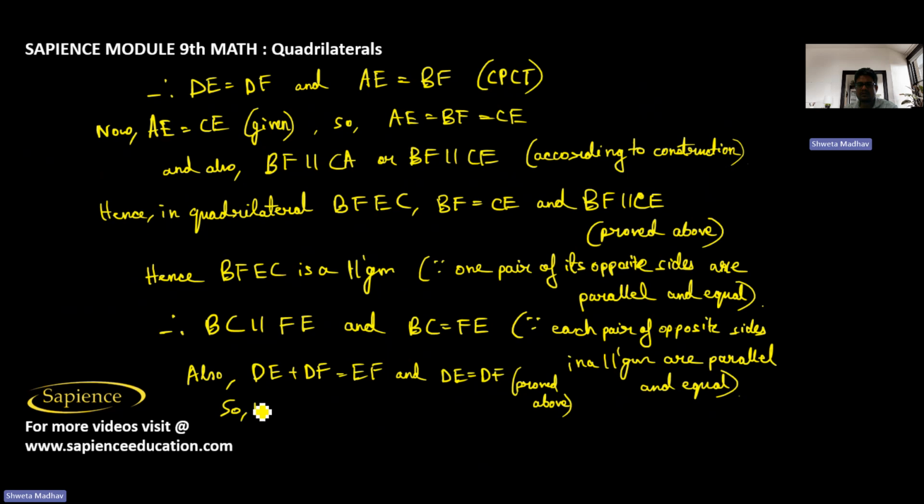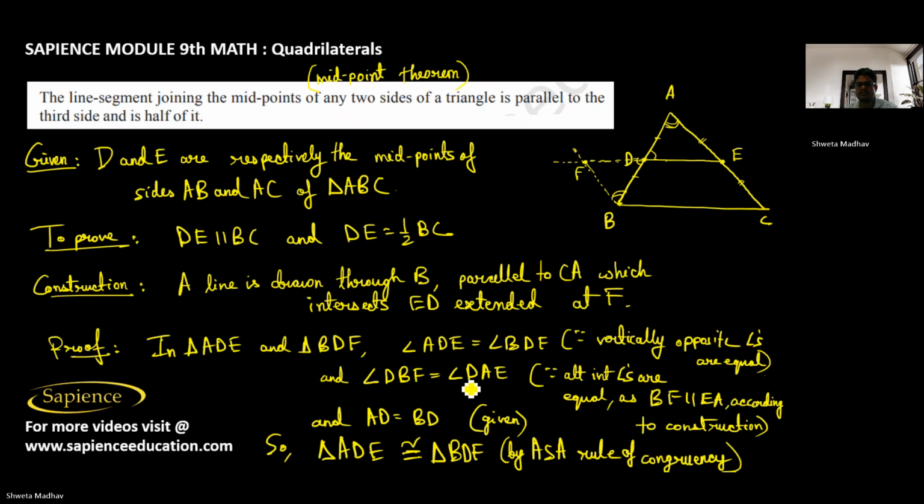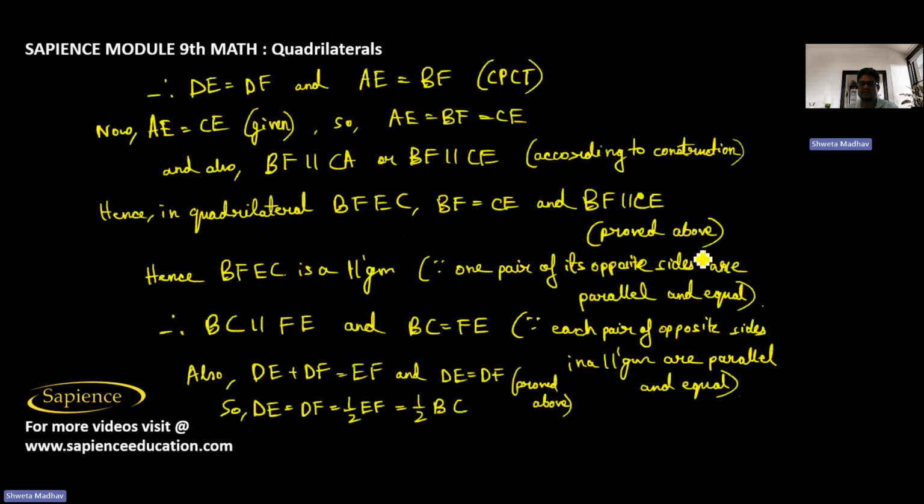So you can say that DE equals DF, which is equal to half of EF, and which will obviously be equal to half of BC. So we have shown that DE is equal to half of BC. And also, BC is parallel to FE, or I can say that BC is parallel to DE.